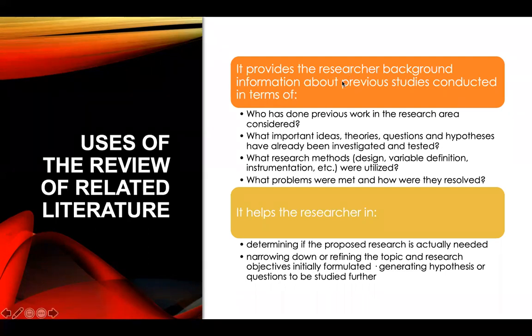It provides the researcher background information about previous studies conducted in terms of who has done previous work in the research area, what important ideas, theories, questions, and hypotheses have already been investigated and tested, what research methods were utilized, what problems were met and how were they solved.